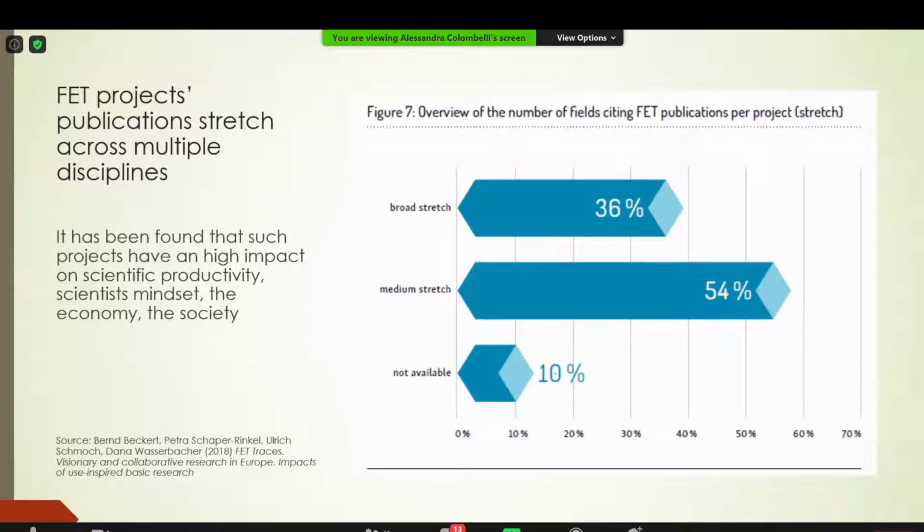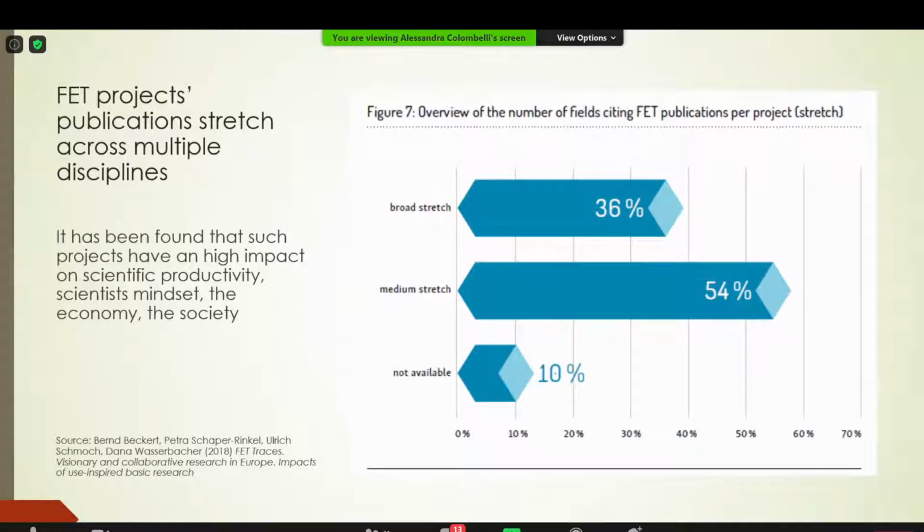But they also have a high impact on the economy because it has been found that FET projects are associated with a high number of patents, high number of spin-offs and technology transfer agreements. And so, at the end, it has been found a strong impact on the economy and the society as a whole.